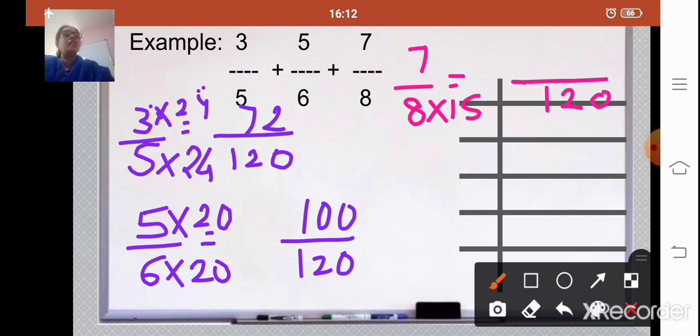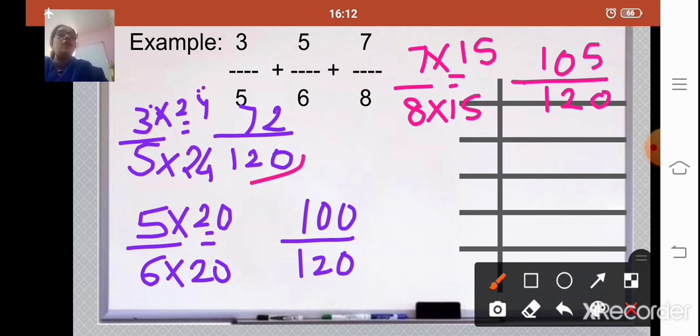So 8 multiplied by 15 will give you 120. Now same way 7 should also be multiplied by 15. So 15 7s is, yes, 105. Okay. Now all the denominators are the same. You have made them into like fractions.